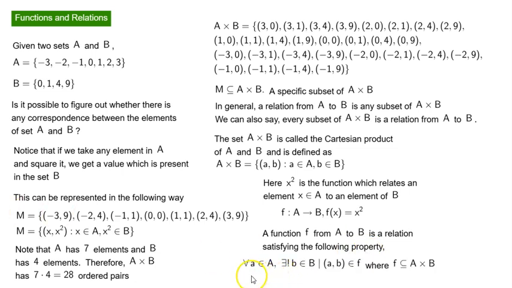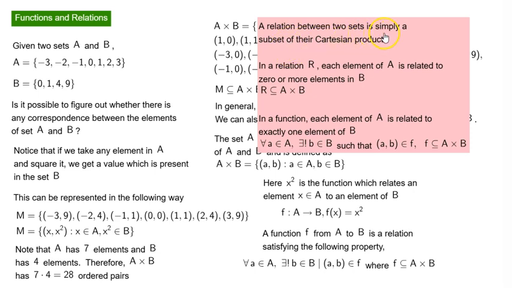And what's that property? For all a in A, there exists a unique b in the set B, where the ordered pair (a, b) is in f, where f is a subset of A times B.